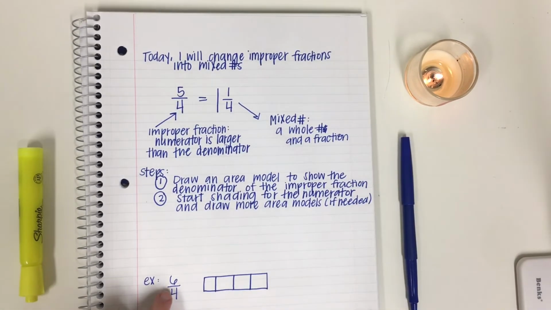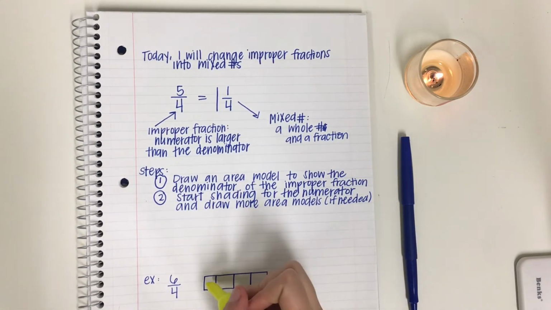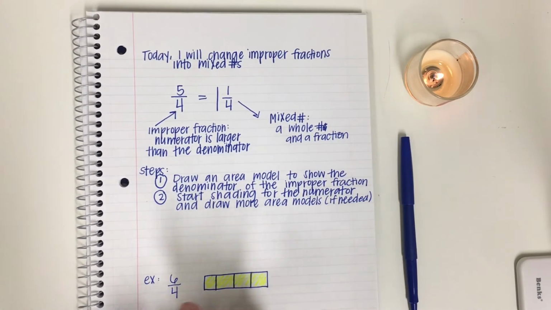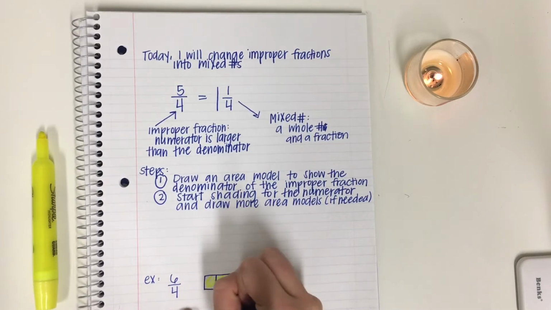Okay, so how many parts do we have? We have 6, so we definitely don't have enough. But I can shade in my first one. Okay, so I can shade in, got my 4/4 here.